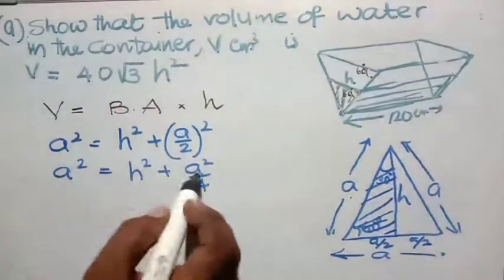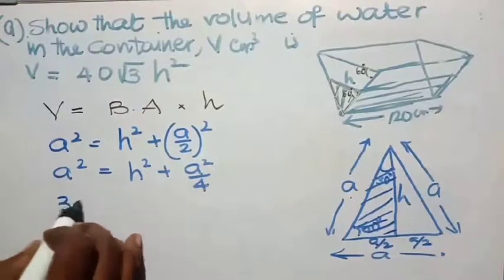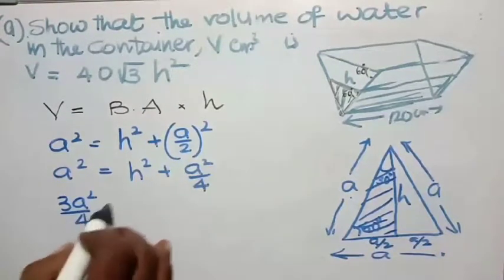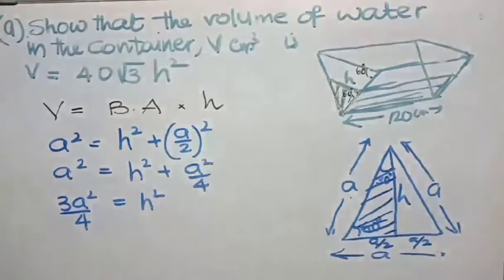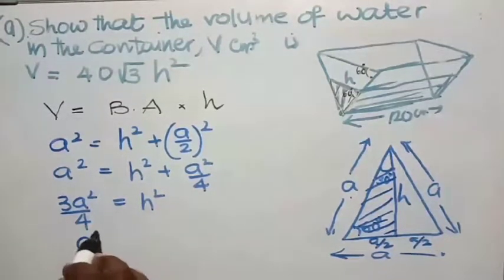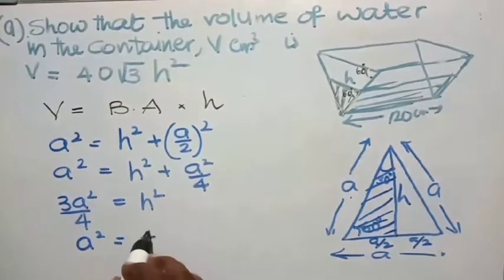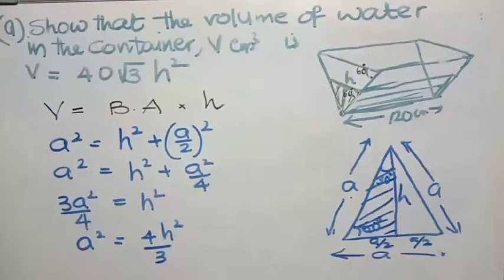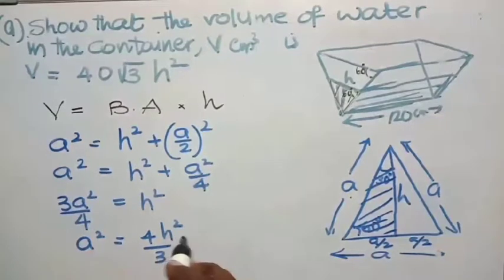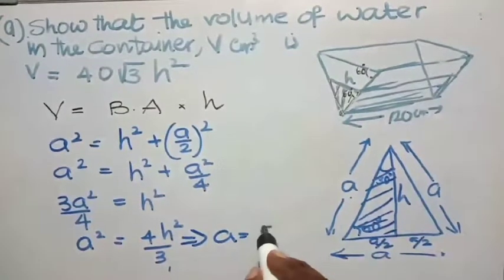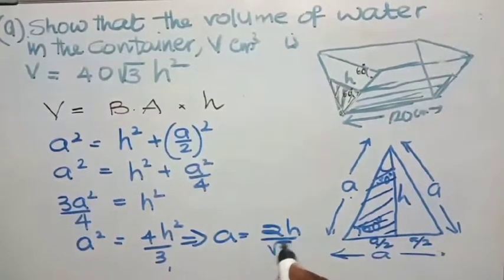We get A square minus A squared by 4, which is 3A squared by 4, is equal to H squared. So we get A squared is 4H squared by 3, or A is 2H divided by root 3 when you take the square root. So we got the side of the equilateral triangle.